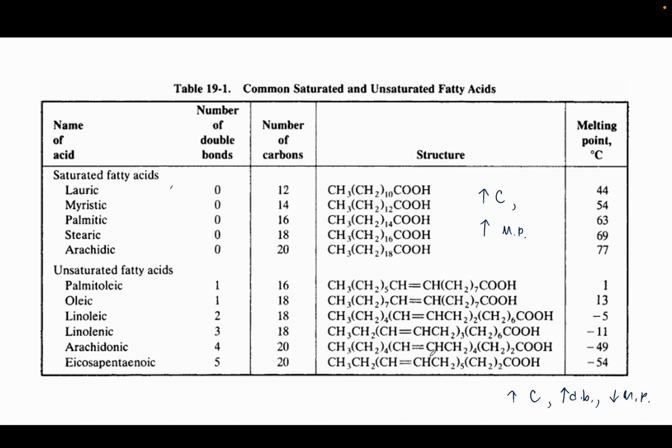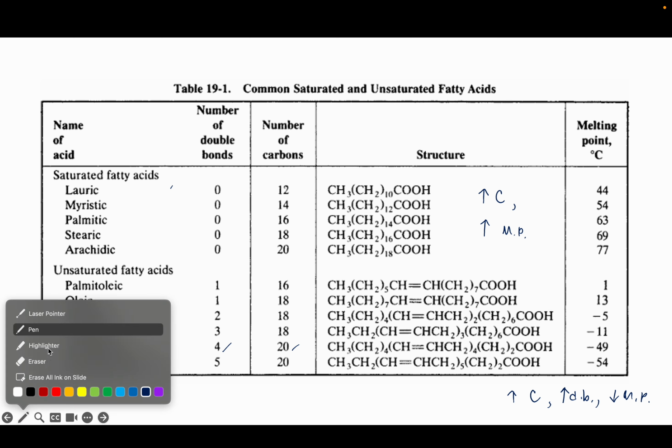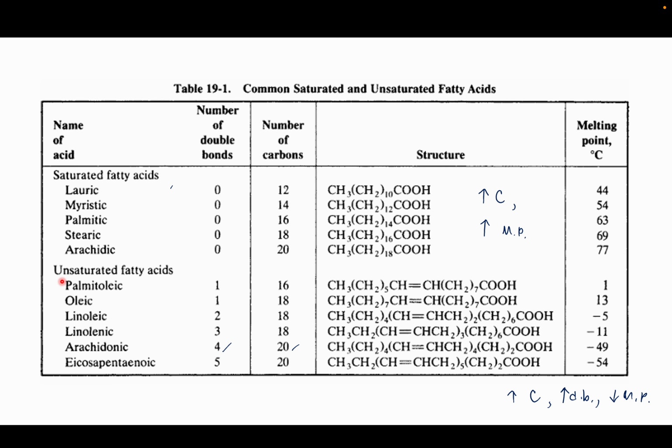So it's easier to melt if you have a higher number of carbons and a greater number of double bonds. Now that's for fatty acids.